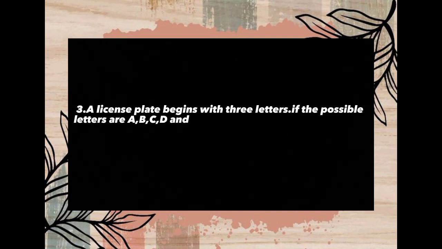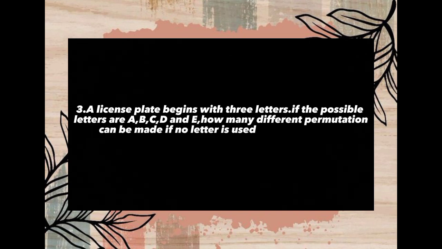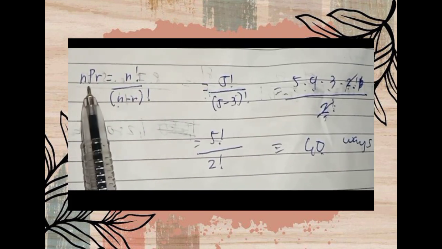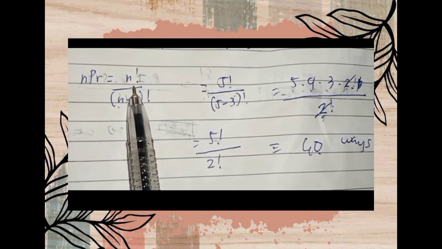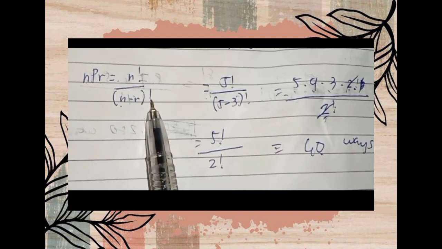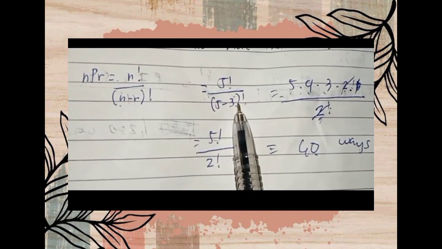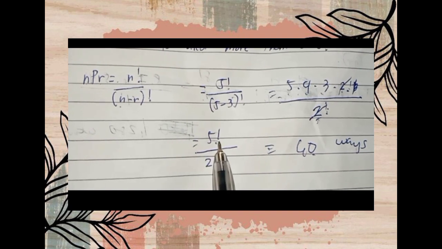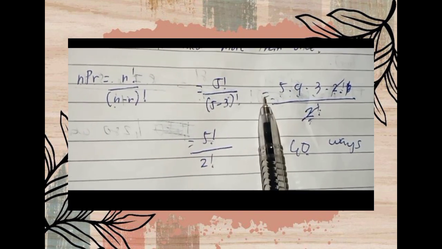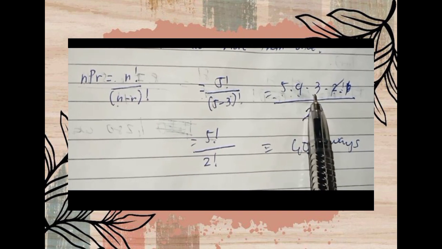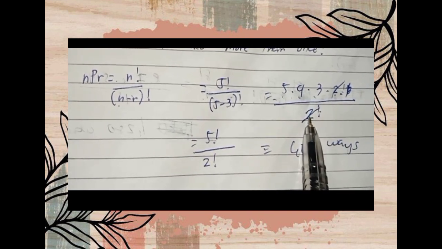A license plate begins with 3 letters. If the possible letters are A, B, C, D, and E, how many different permutations can be made if no letter is used more than once? nPr equals n factorial over n minus r factorial, equals 5 factorial over 5 minus 3 factorial, equals 5 factorial over 2 factorial, equals 5 times 4 times 3 times 2 factorial over 2 factorial.